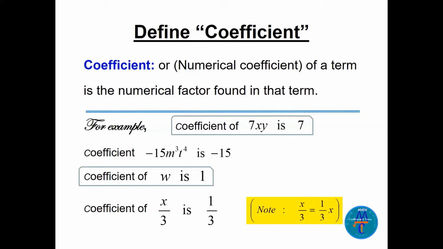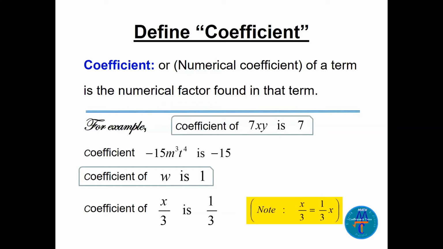So it is a number. Coefficient is a number multiplied by the variable in the term. So find the coefficient of minus 15 m cubed t to the power 4. The coefficient is only minus 15. See that? Now find the coefficient of w. See, w is a term, but there is a coefficient at the beginning, 1. So we say the coefficient of w is 1.